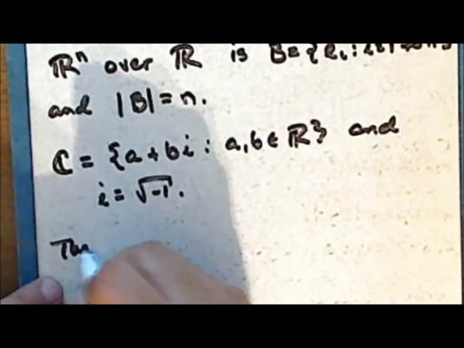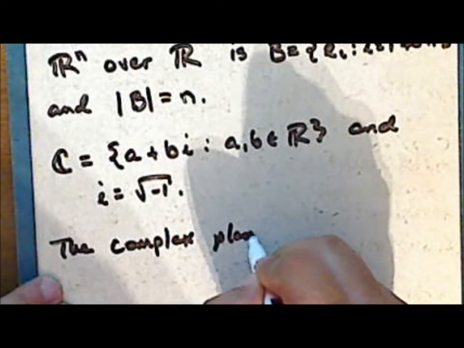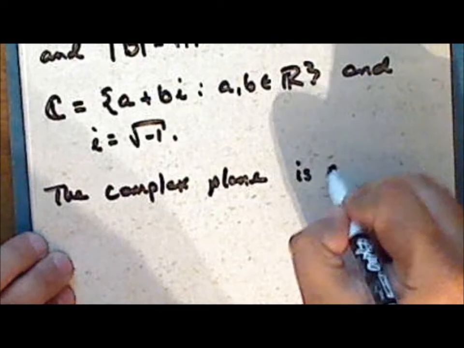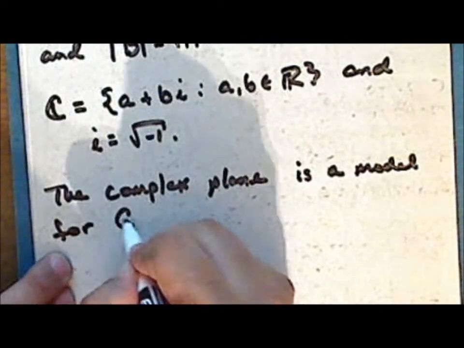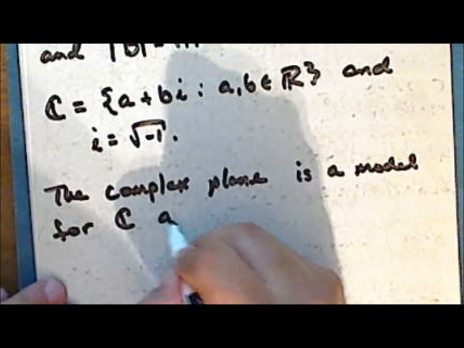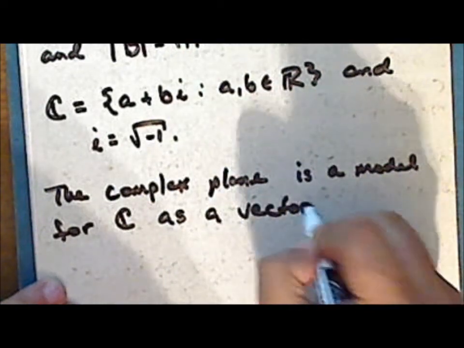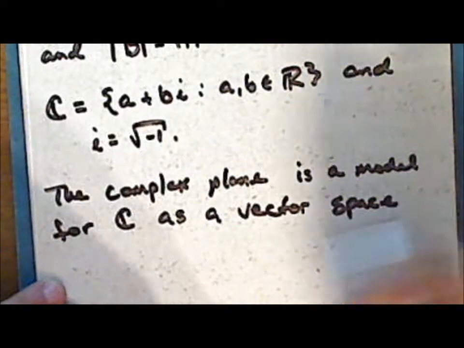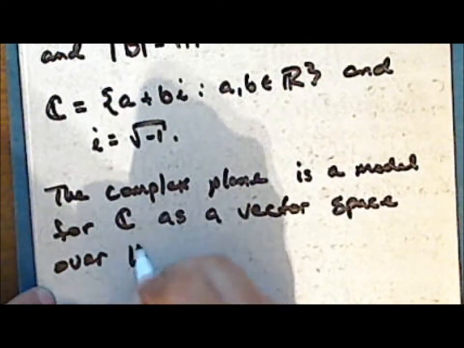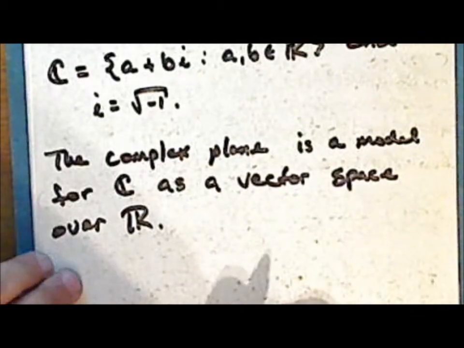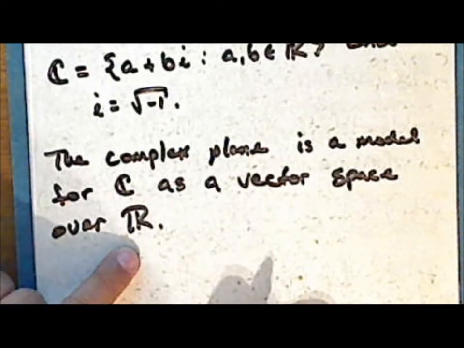The complex plane is a model for the set C as a vector space over the set of scalars consisting of real numbers.